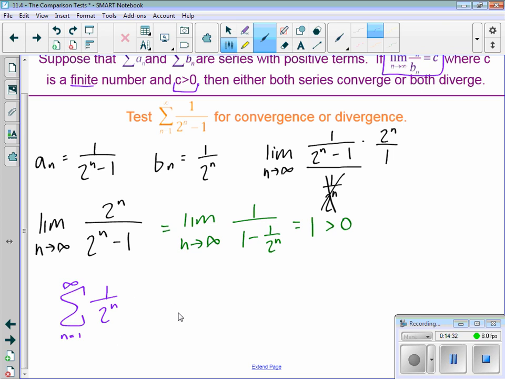So what's our r value? R is a half. And as long as absolute value of r is what? Less than 1, we know it converges. Okay, converges, it's a geometric, right? We don't have to find what the sum is and that stuff.